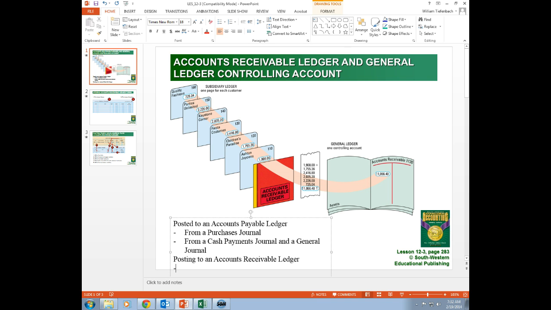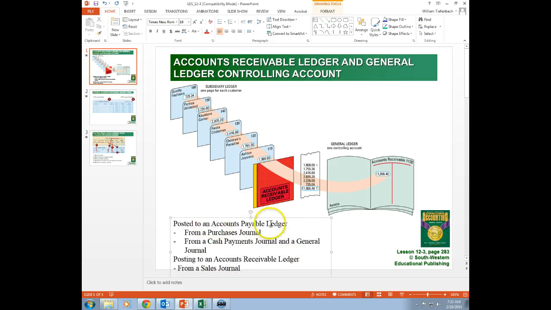This is the 4th out of the 5 journals, and accounts receivable means that somebody owes us money. They've purchased something from us on account, hence it's recorded in the sales journal, and we need to record those transactions and post them to the individual accounts receivable ledger.